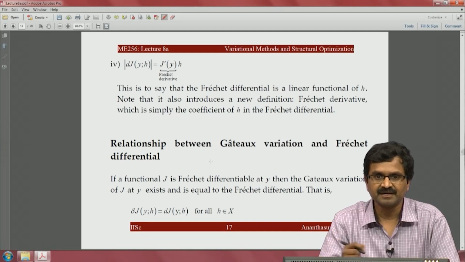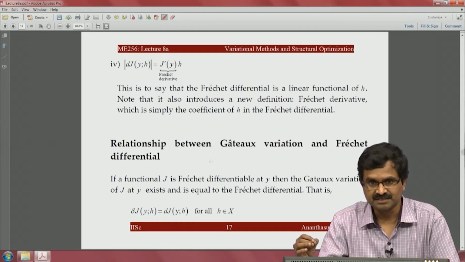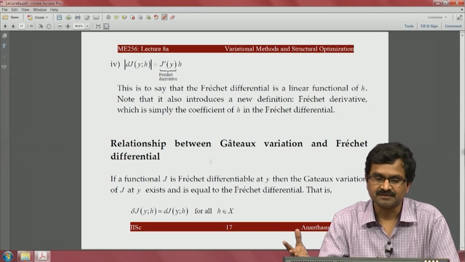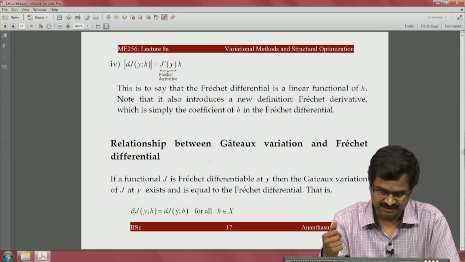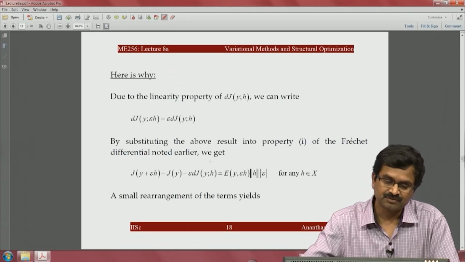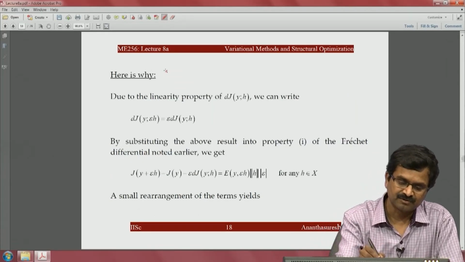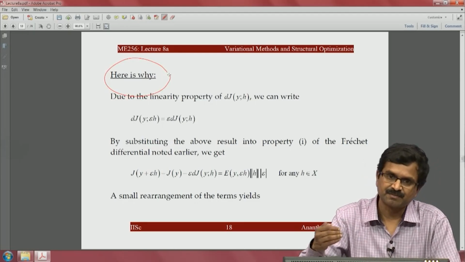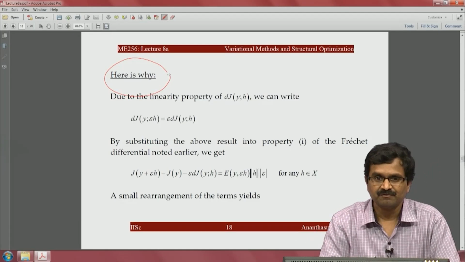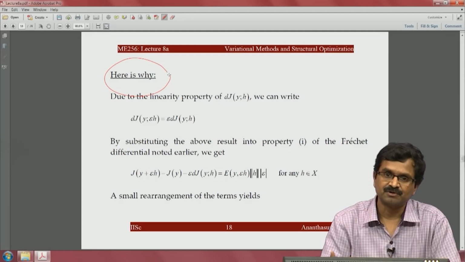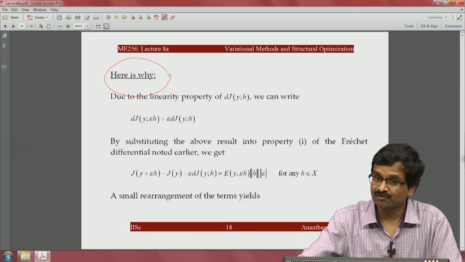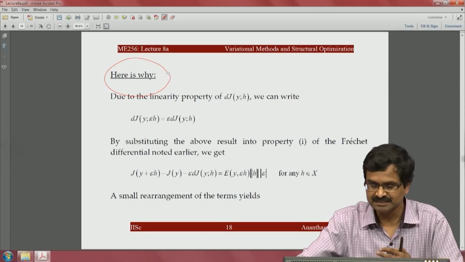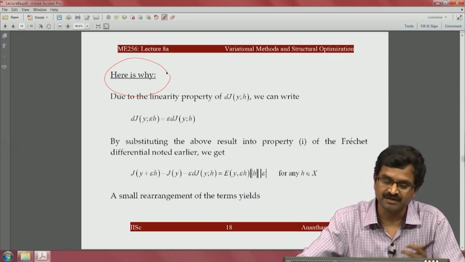The relationship is that when the Frechet differential exists, that is equal to the Gateaux variation. There is a way to prove that, and you can go through this in the notes to see why that is the case, just a systematic argument. But what we need for our purpose is only the Gateaux variation, but we are just mentioning some of these so that you are familiar with them.